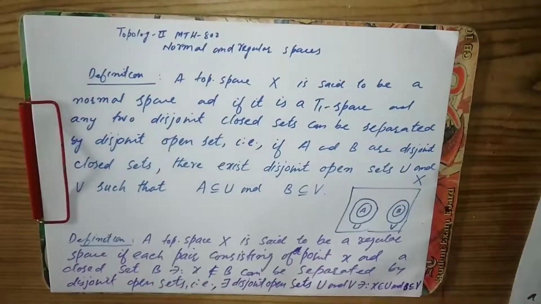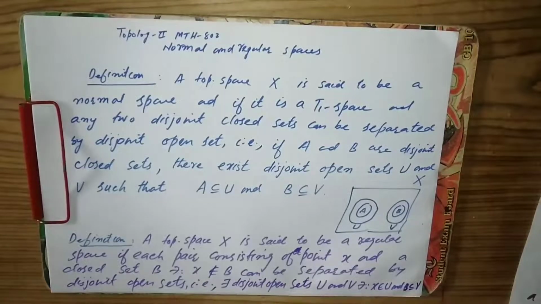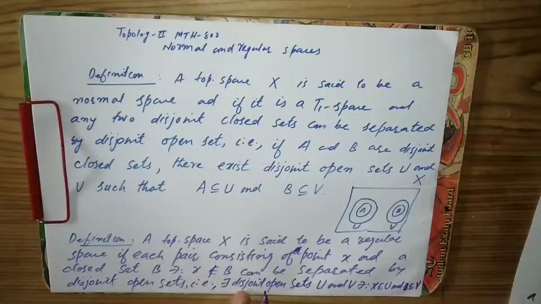B is a subset of V. So a topological space is said to be a regular space if each pair consisting of a point x and a closed set B such that x is not in B can be separated by disjoint open sets. Separated by disjoint open sets means there exist disjoint open sets U and V such that x is in U and B is a subset of V. So that's the definition of a regular space.